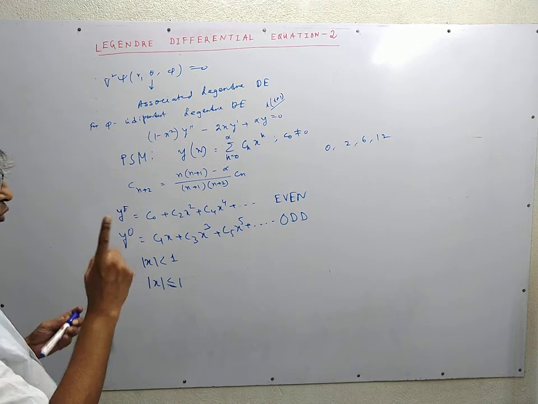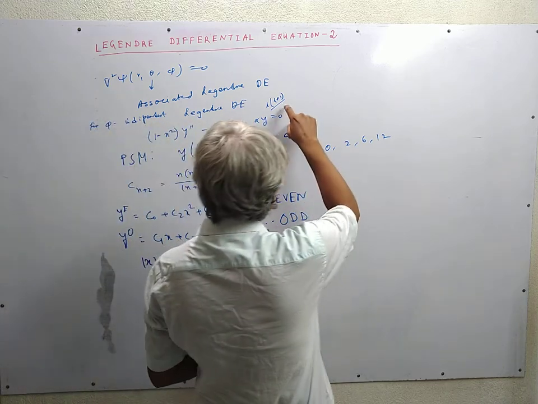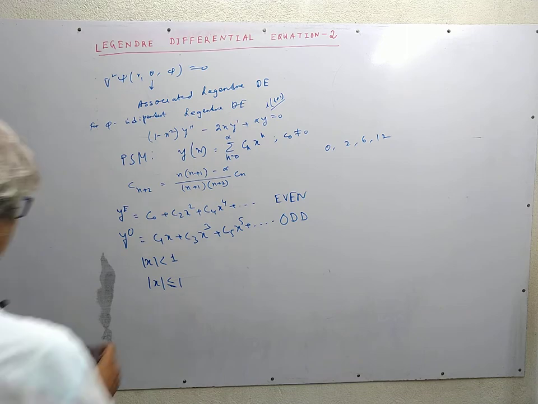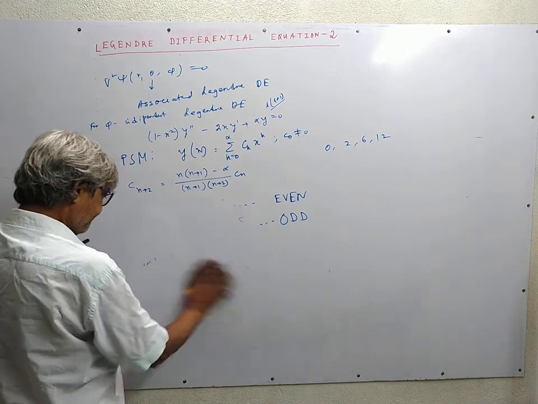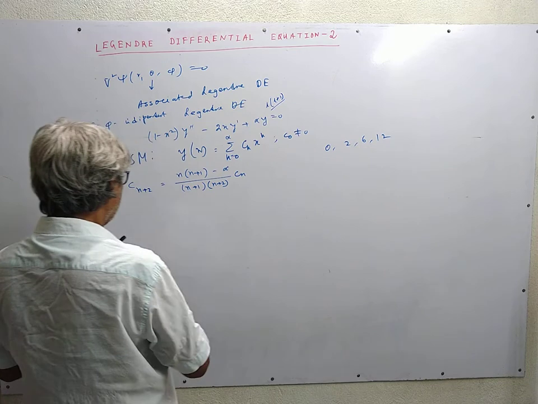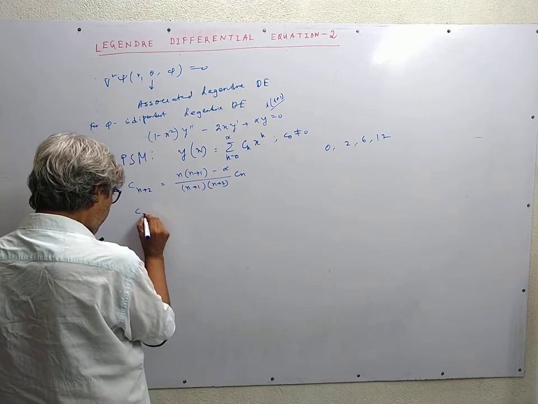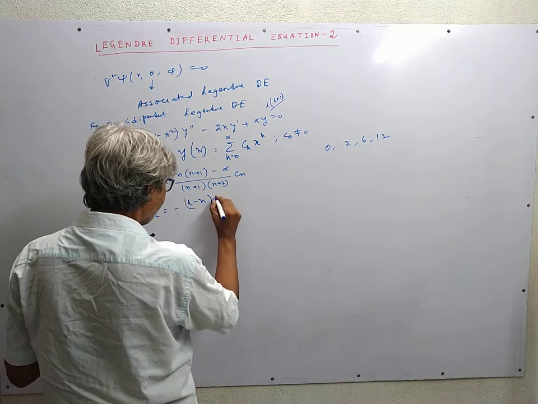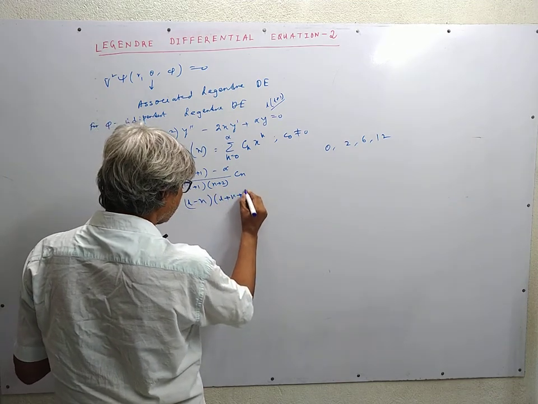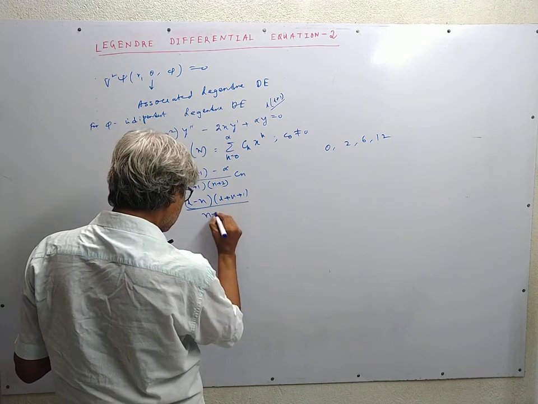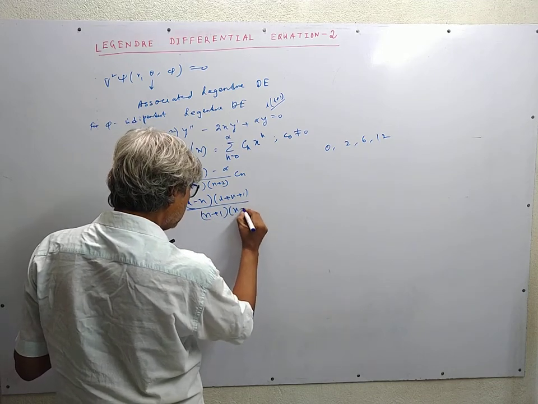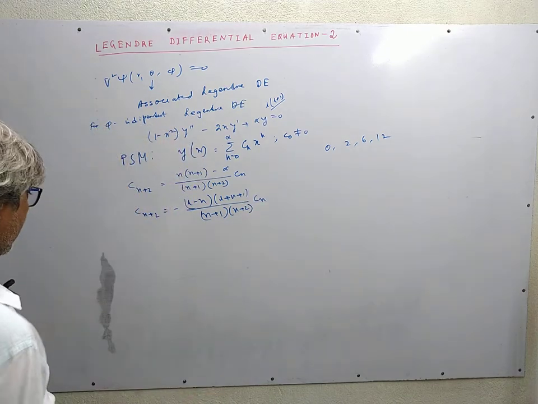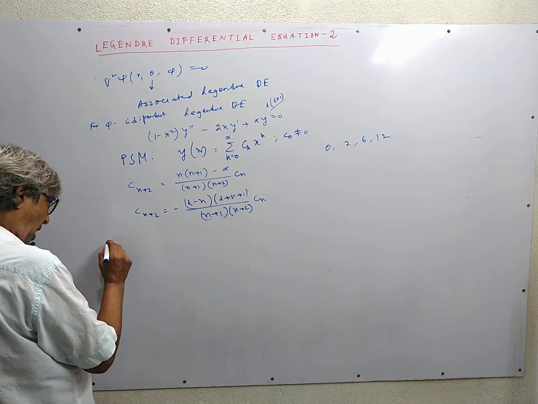If we use alpha in this fashion, then the recurrence relation, as we have done in the earlier class, becomes C_(n+2) is equal to minus (L minus n)(L plus n plus 1) divided by (n+1)(n+2) times C_n.